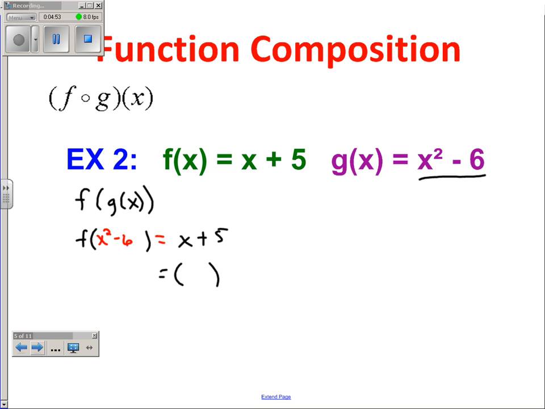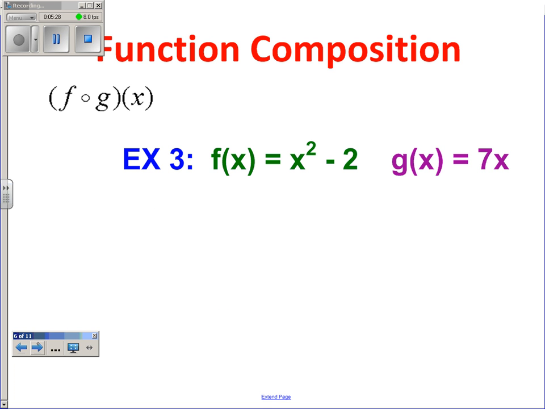So now I'm going to take my x out and put parentheses in place of the x. And then x squared minus 6 goes in that parentheses. Now I want to distribute. Notice I have a 1 outside, so I'm going to distribute a 1. So x squared minus 6 plus 5. And combine like terms, x squared minus 1. And I would like for you to check it.